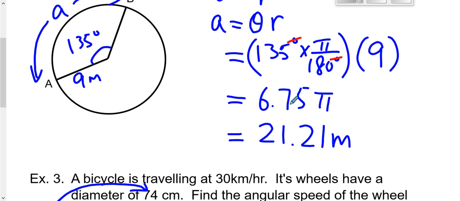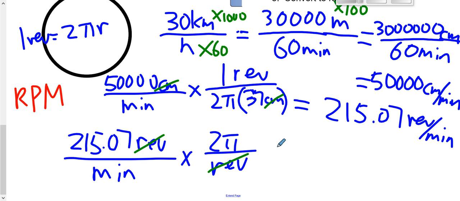Multiply that in. So same thing here. So 215.07 times 2 times pi, or you can use 3.14, but try to use the whole thing, don't just use 3.14, otherwise your final answer would be off.